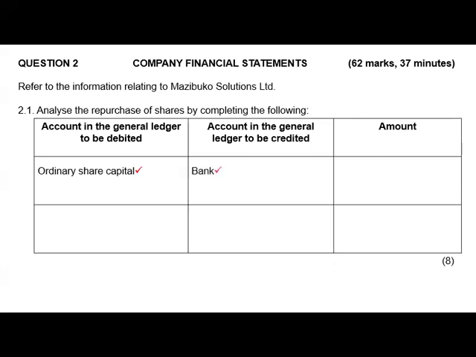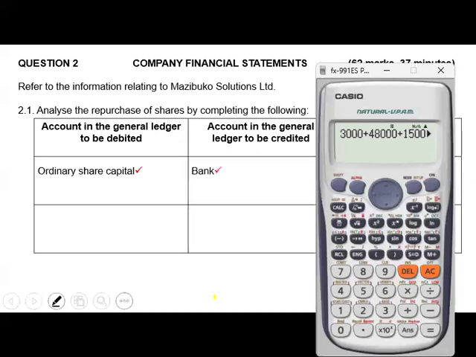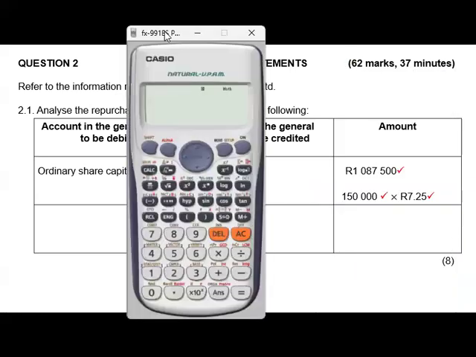But share capital will decrease by the average cost price, which is the number of shares bought back multiplied by APPS, and that will give you 1,087,500. At the same time, we made a loss here. When you look at this, these shares were bought back at 1,710,000.